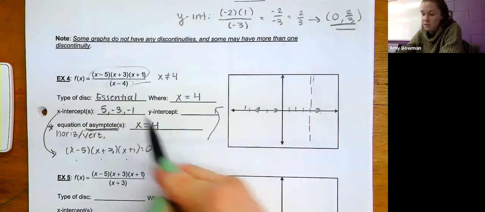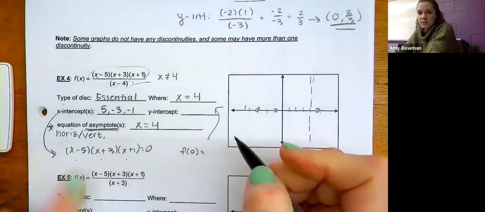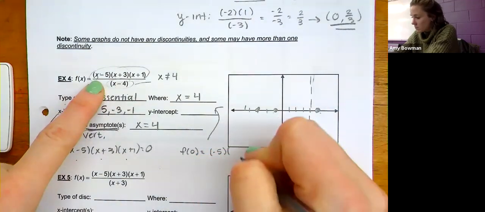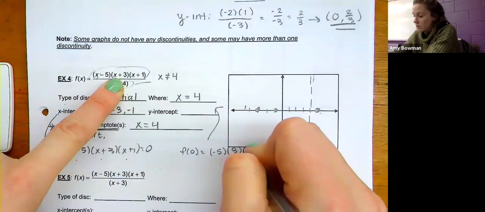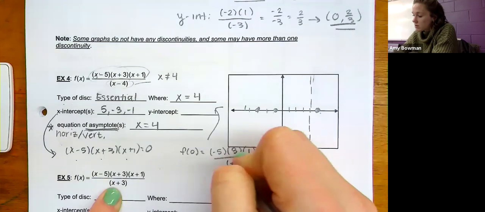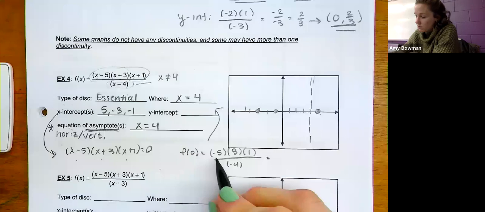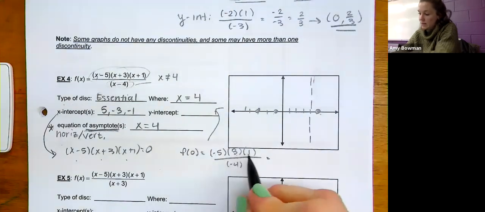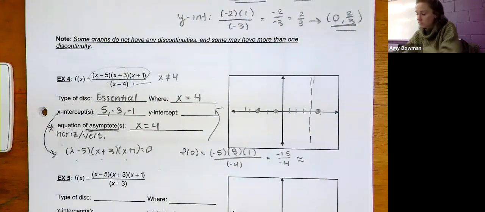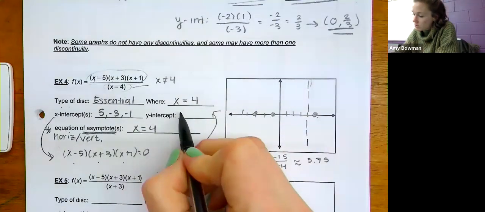So f of 0 is going to be -5 times 3 times 1 divided by -4. So I've got in the numerator -5 times 3 times 1, -15 divided by -4. So that's going to end up being a positive, and 15/4 is 3.75. So that's my y-intercept.